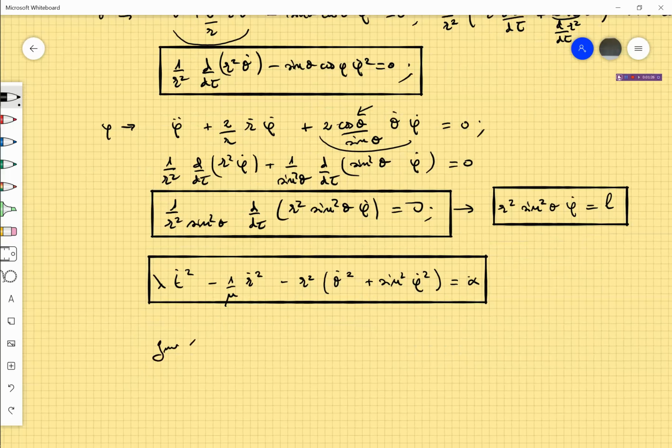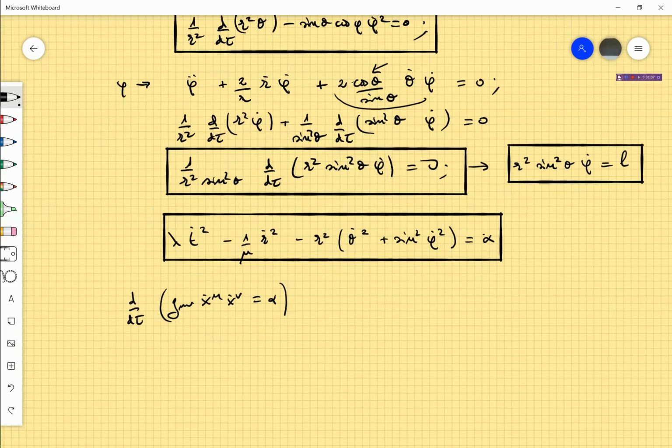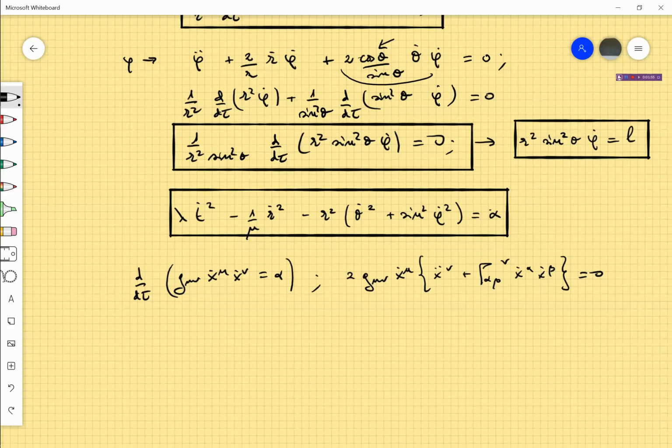Remember that if we have this mass shell condition, for whatever value of alpha, if I now take the derivative with respect to tau of this condition, I get an equation of the form 2 g mu nu x dot mu, and then the geodesic equation now written with the free index nu. This means that we can use, instead of one of these 4 equations, or a combination of them, we can replace it by the mass shell condition.